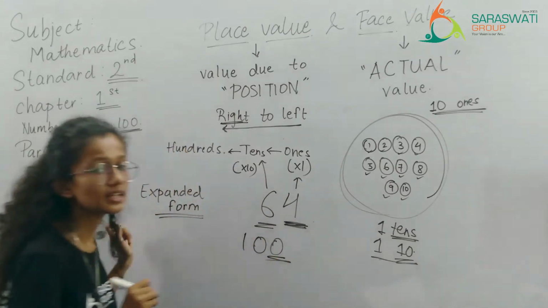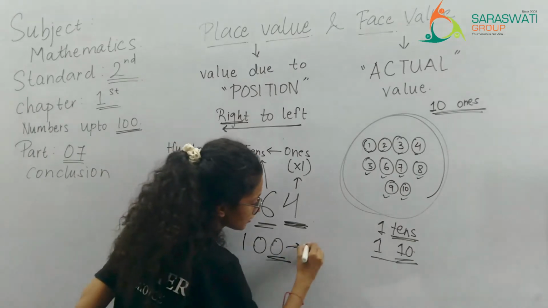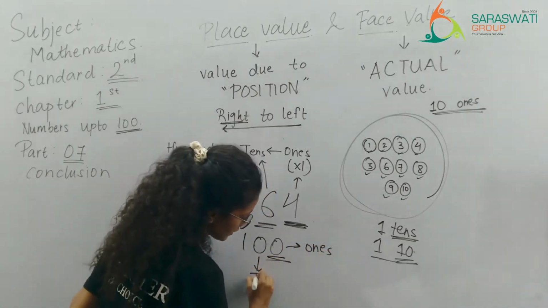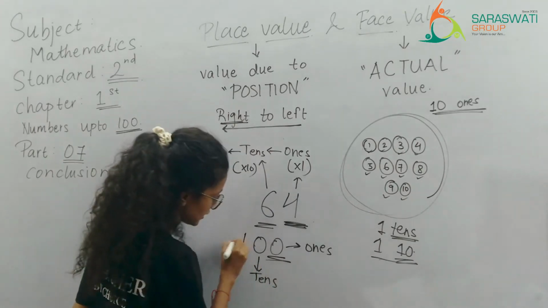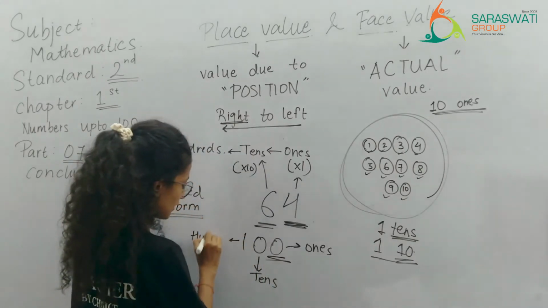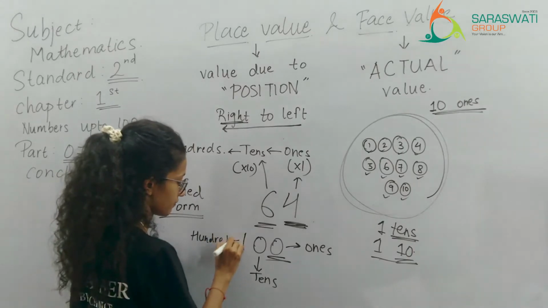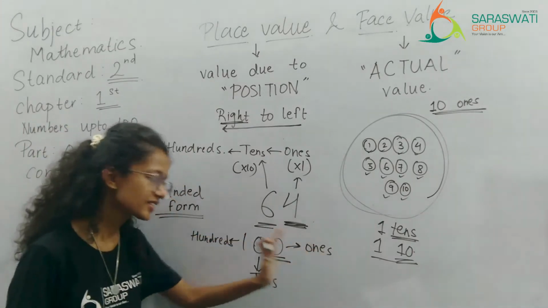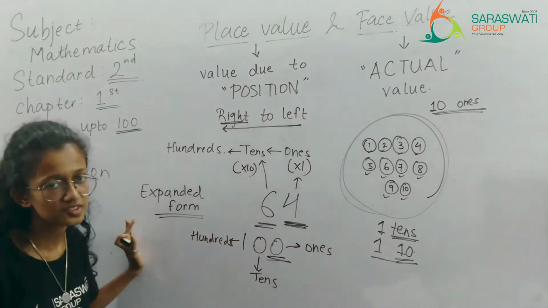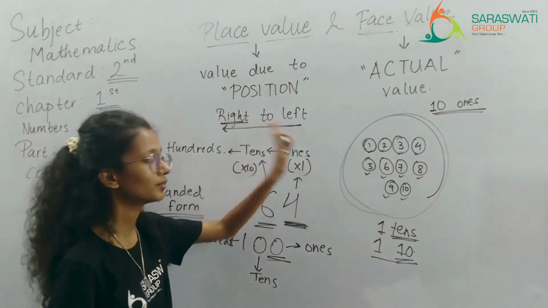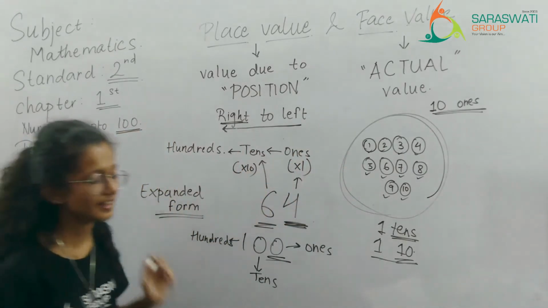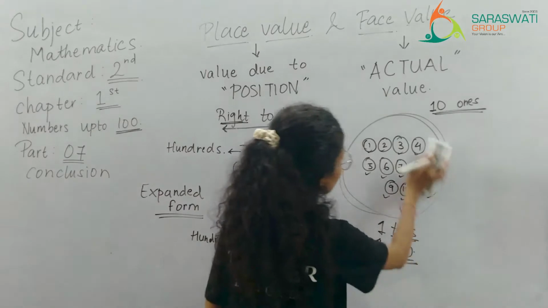This 0 is ones, this is tens, and this is hundreds. Is everyone clear? Ones, tens, hundreds. We need to start from the right and slowly move towards the left. Everyone is clear for this?